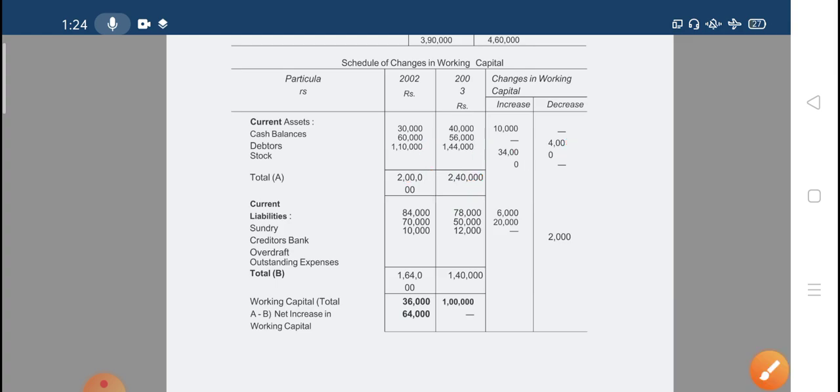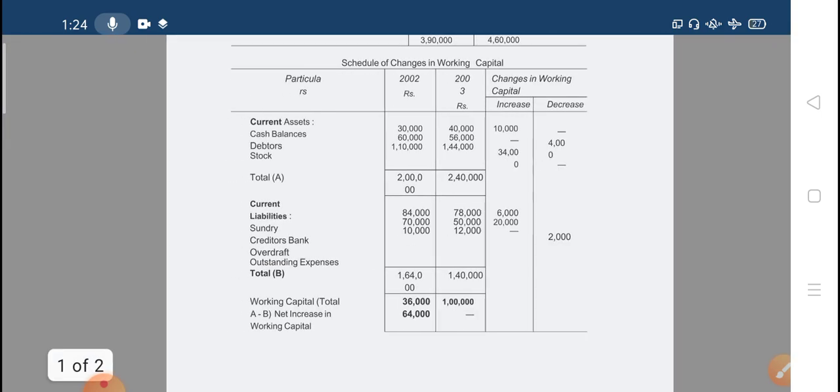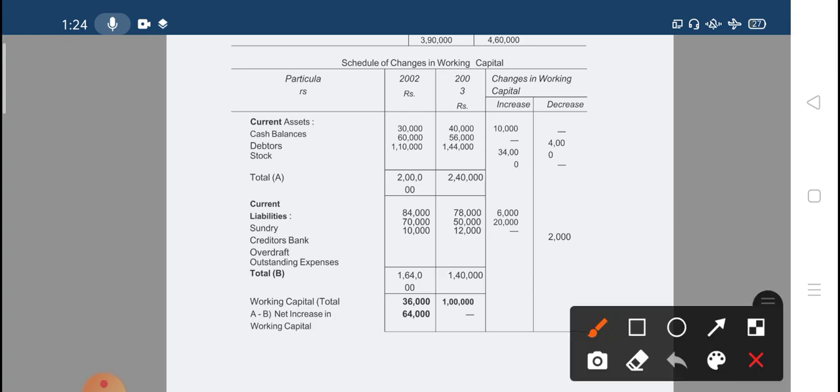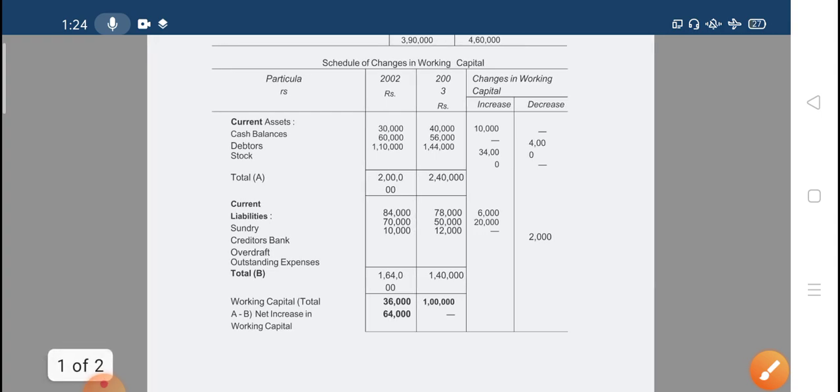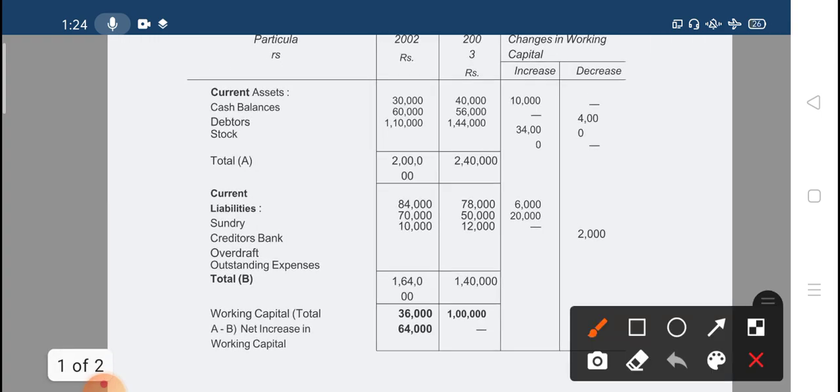Then current liabilities. Sundry creditors 84,000 for 2002 and 78,000 for 2003.